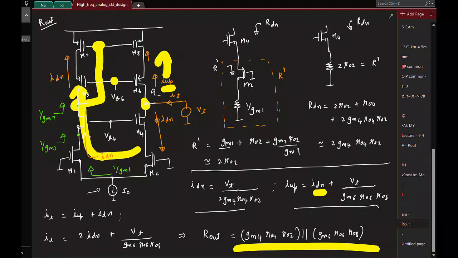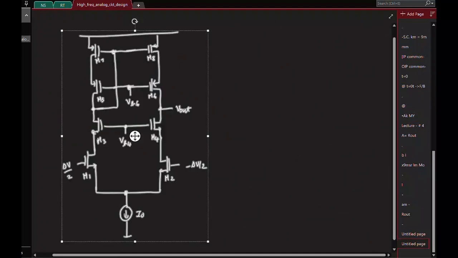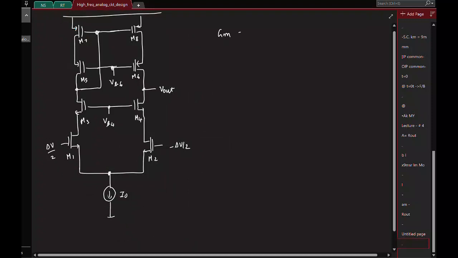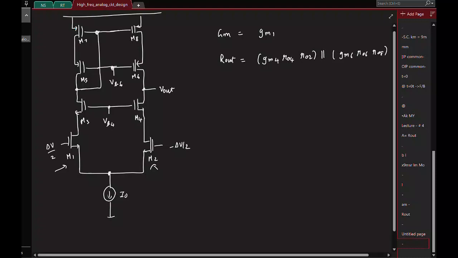Okay, so let me probably copy paste this again. For this transistor, now we have calculated GM. What is GM? GM of these guys, right? GM1, and R out we saw was the parallel combination of GM4 R04 R02 in parallel with R08.